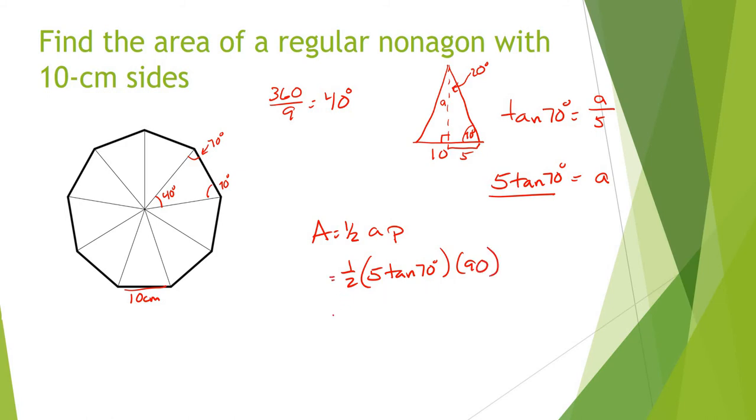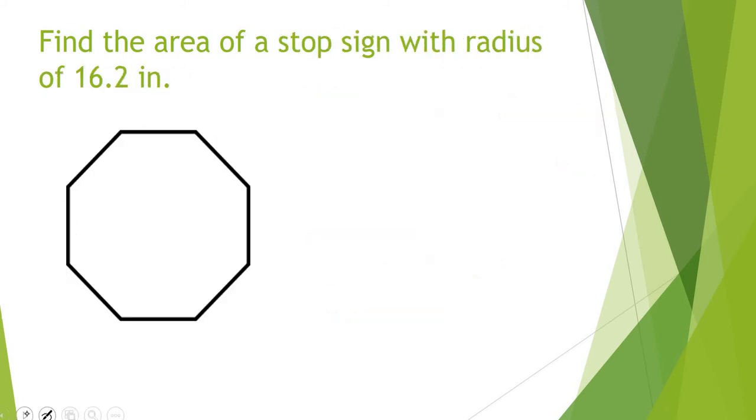If I put that all into the calculator, I get 618.1824. So that's the area of a regular nonagon. So the same thing we've been doing as in 10.4, but now we need to use trig functions and our calculator because these are not going to be special triangles.